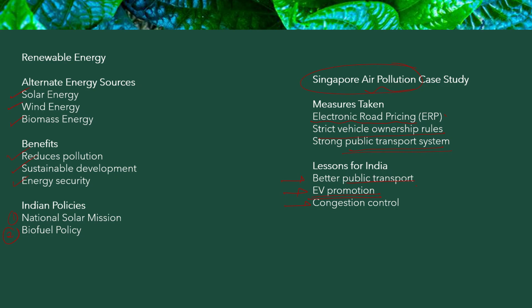Though they may be expensive at this time, later on, as we have better technology access, they may have approximately the same cost as petrol and diesel vehicles. Congestion control.